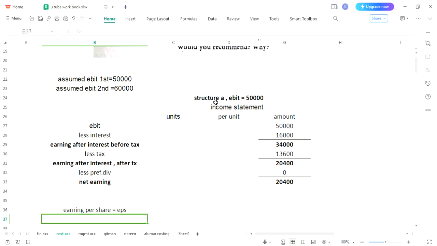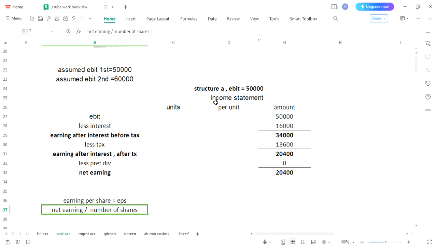How would you calculate it? Take net earning and divide it by the number of shares. Okay, we should write number of shares. This way you can calculate your earning per share.